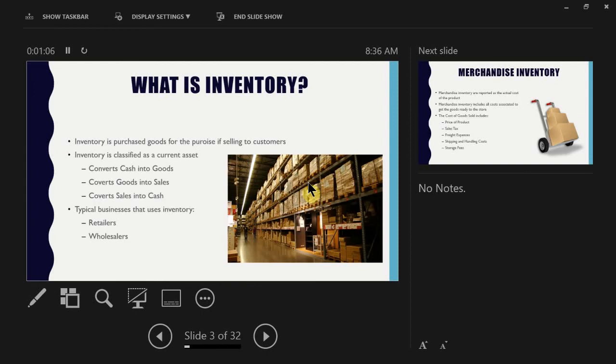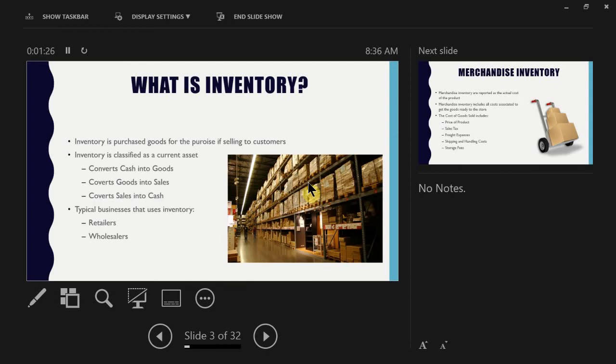We're not going to sell a service. This is actually a solid product that we actually have to purchase and then mark up with some kind of sales price that we want to be able to make a profit off of. So that's pretty much what inventory is.